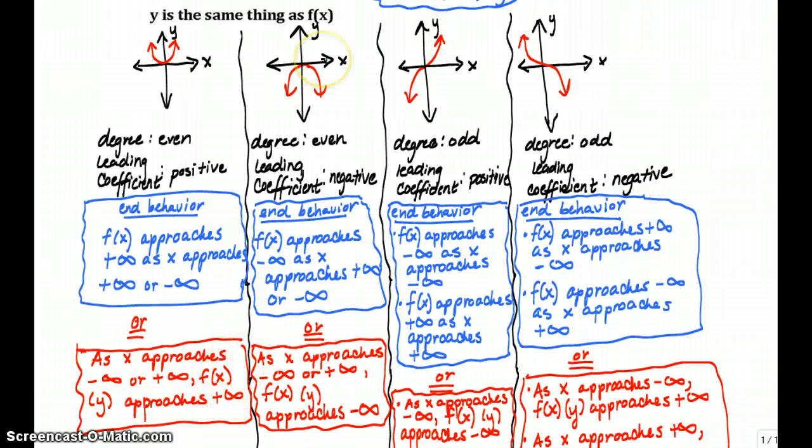On the next graph, you can see that it is still a parabola, so that means it's an even degreed polynomial. Because it's opening down, you know the leading coefficient is negative, and these are described as follows. Now here they describe it as f of x, so your y values are approaching negative infinity when both your x's are approaching negative infinity and your x's are approaching positive infinity.